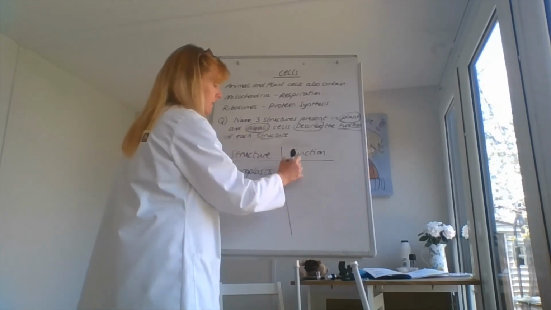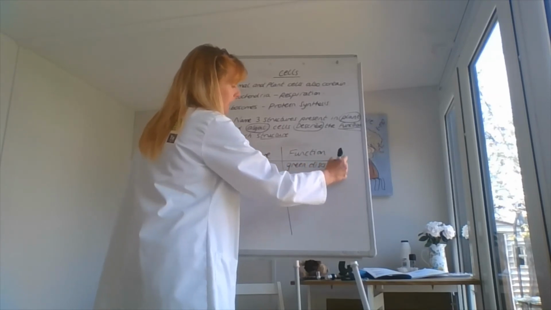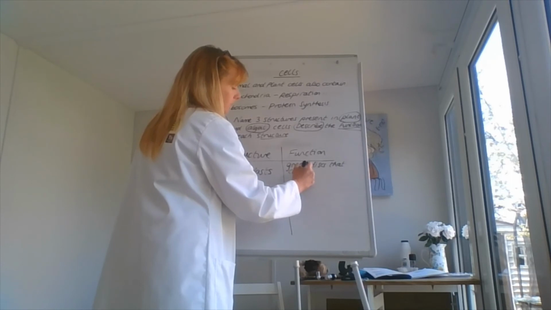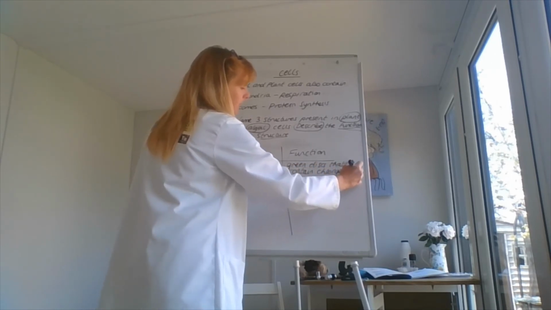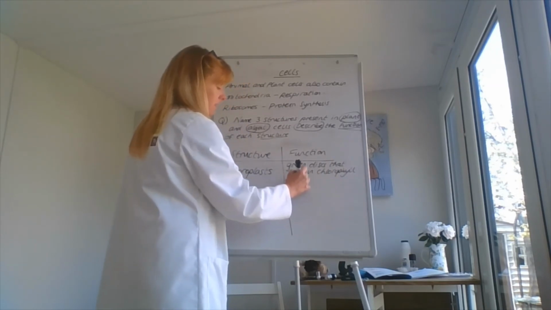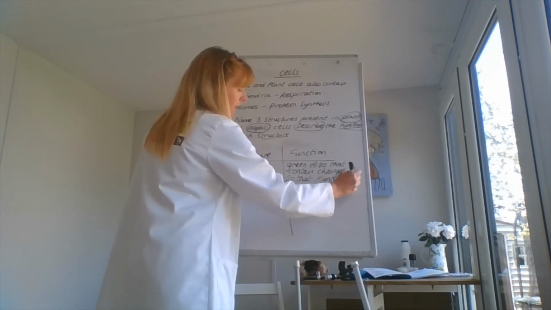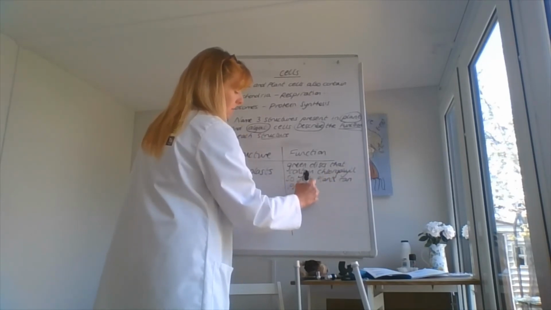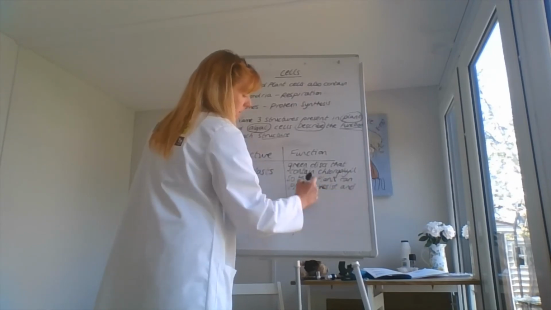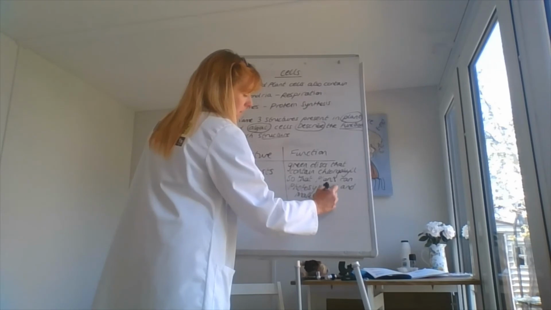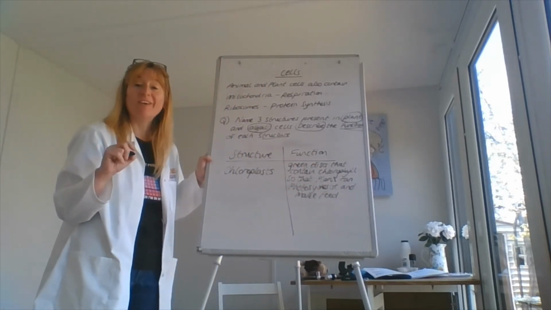So chloroplasts are green discs, if you remember, that contain chlorophyll. And the purpose of that is so that plants can photosynthesize and make food. That's only 1 mark. We need 2 more marks.